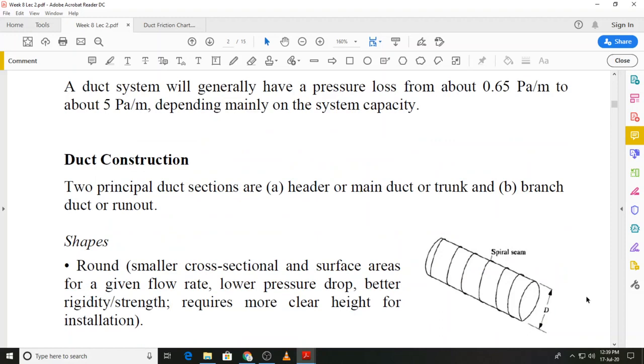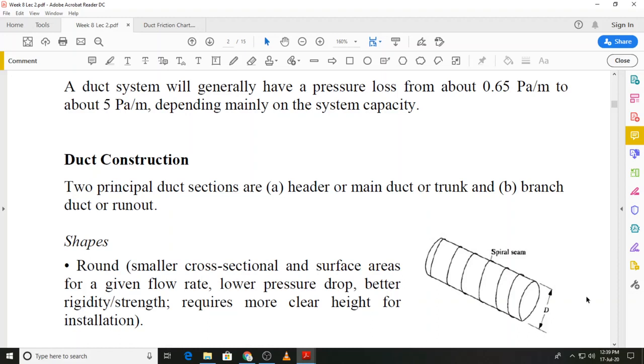Typically for a ducting system, the pressure loss is around 0.65 to 5 pascals per meter, and it will also vary whether we are talking about the main duct or the branches. We will look at that later on.